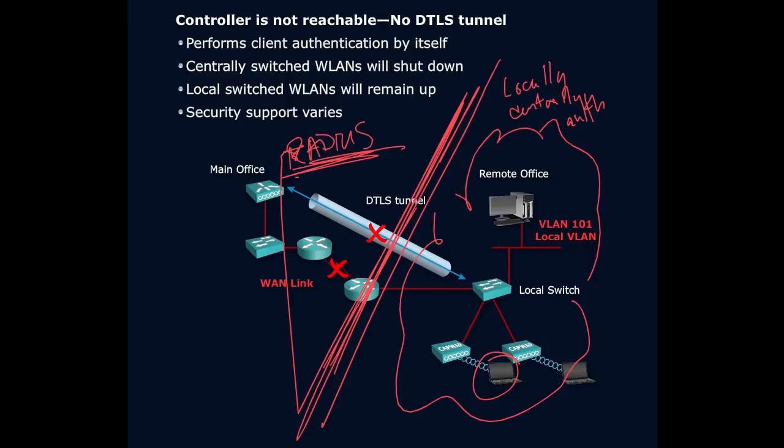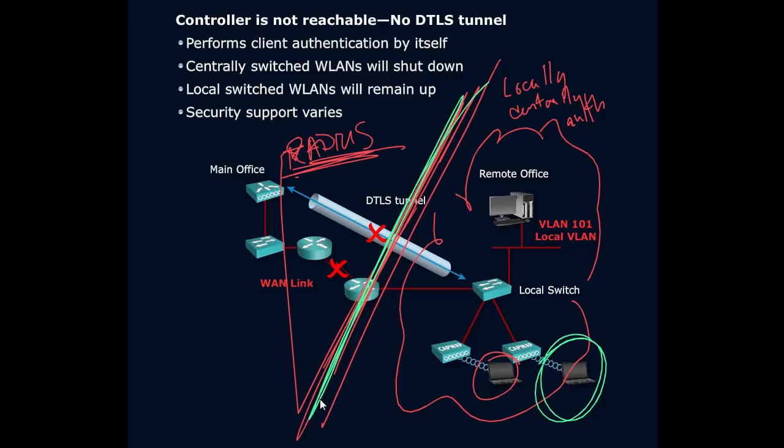But let's say, and I'm going to change colors here, this user here, let's ask a different question. What if this user was already authenticated to the Radius server at the time of this failure?